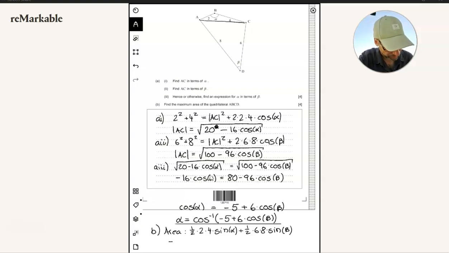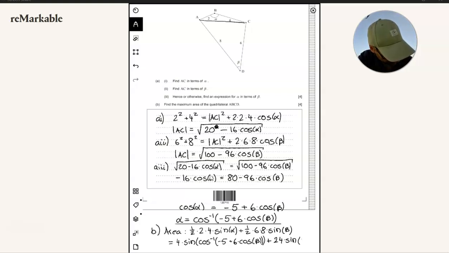So that means the area is equal to, I'm just simplifying a bit, 4 times sine of the inverse cosine of -5 plus 6 cosine of beta, that's just half of it, plus 1/2 times 6 times 8, that's 24, times sine of beta.